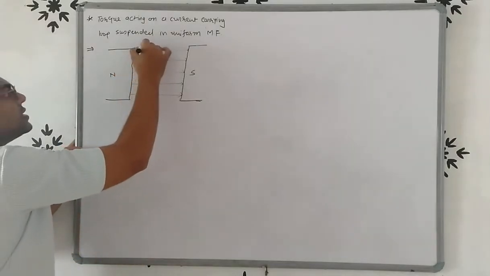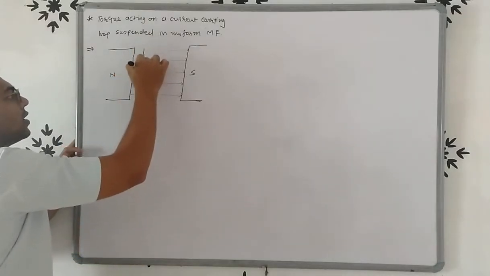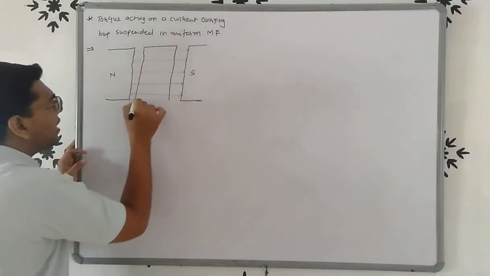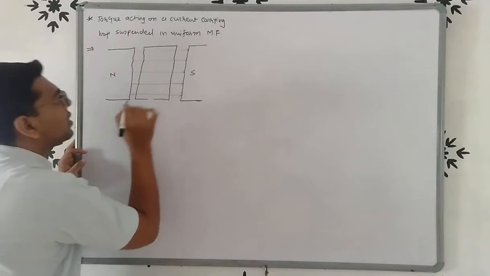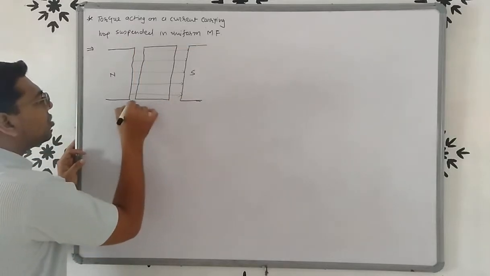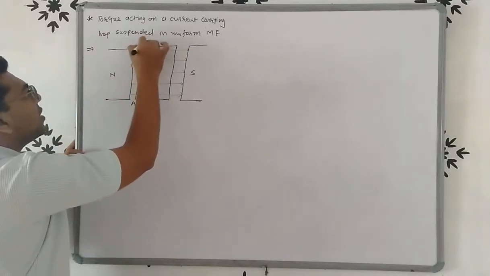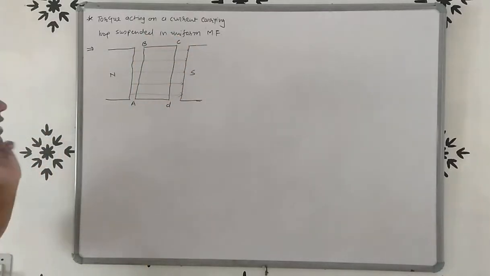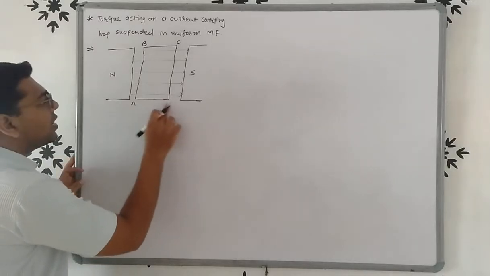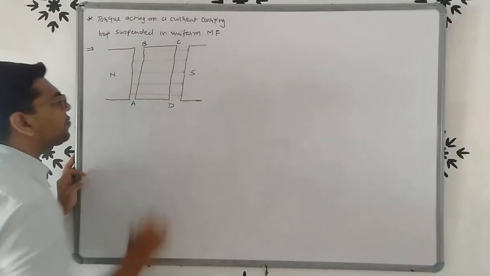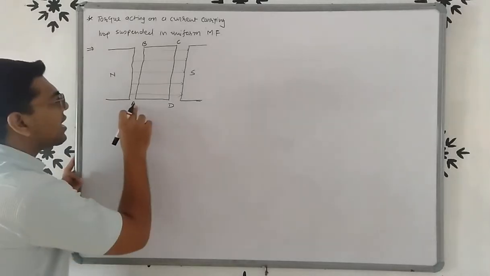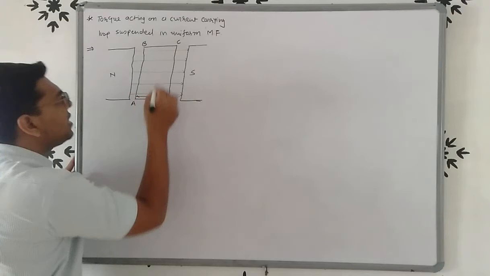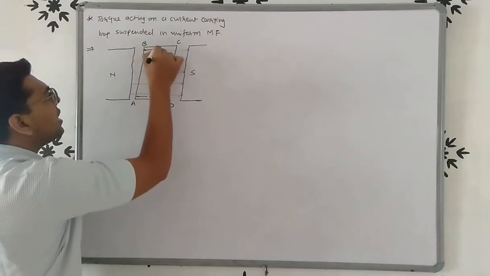So here we place a rectangular loop in this magnetic field, like this. So this is the rectangular loop ABCD. The length of AD will be a, so if AD is a, then BC is also a.